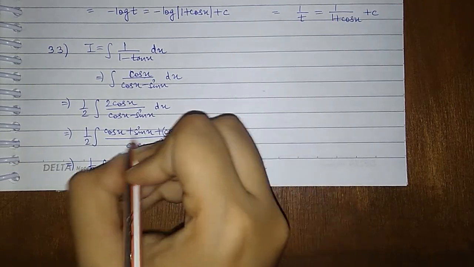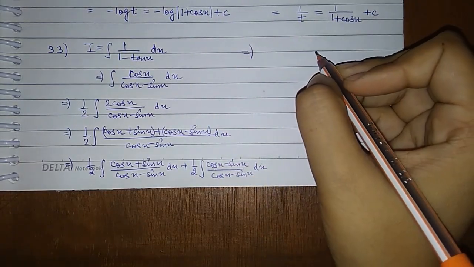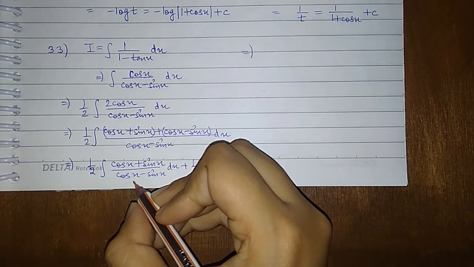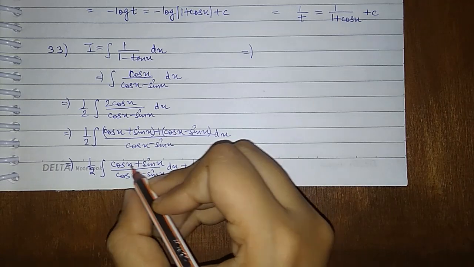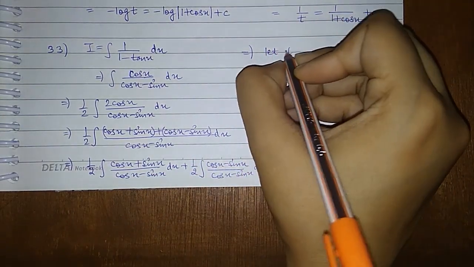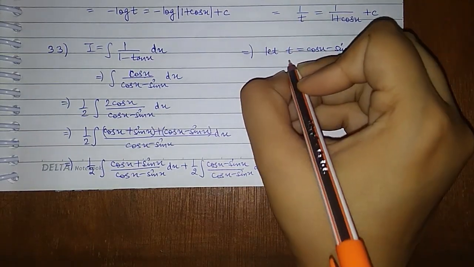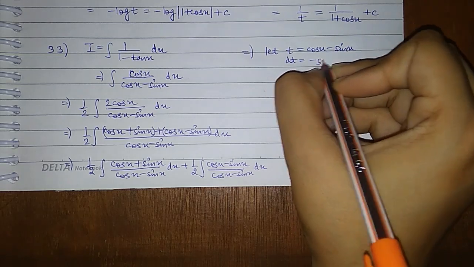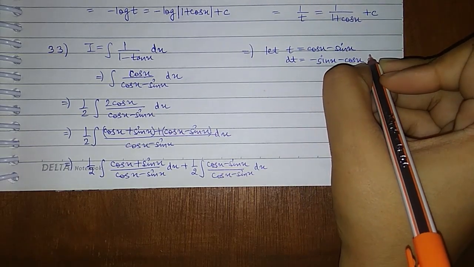So from here we have separated them out, which will give us, here we can let the denominator as t and dt will be the numerator. So let t is equal to cos x minus sin x, dt is equal to minus sin x minus cos x dx.